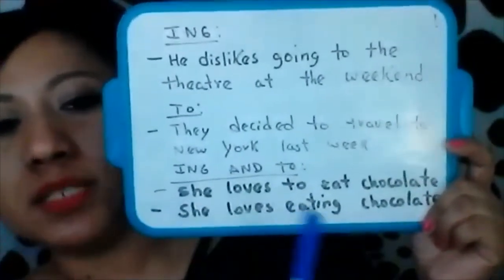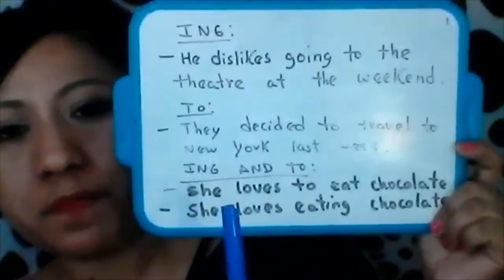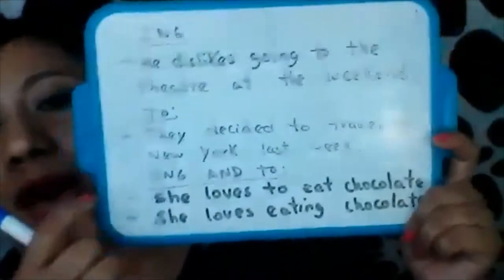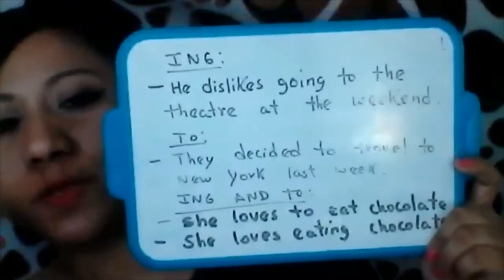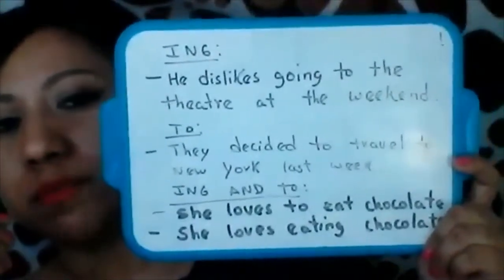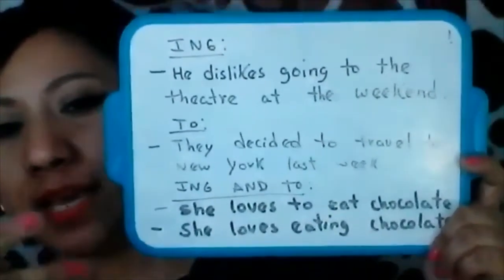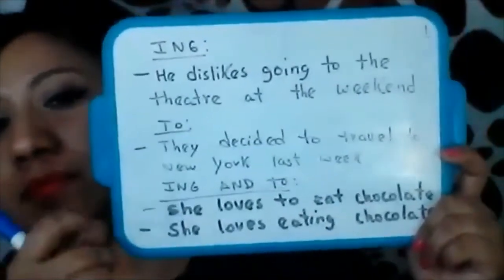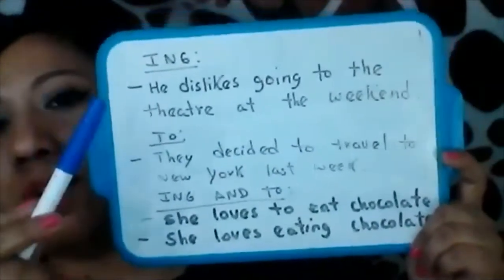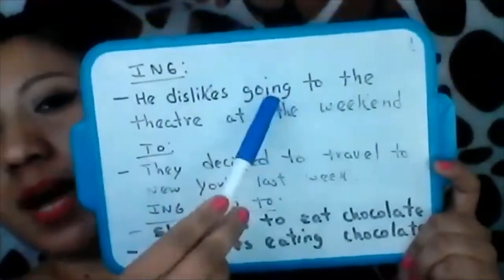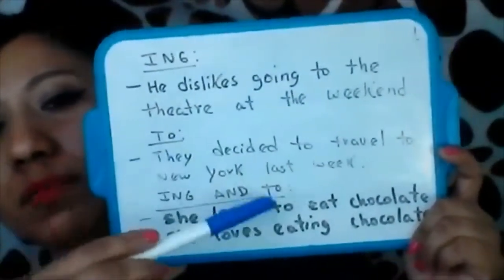She loves eating pizza, for example, okay? So what do you have to do? It's just only memorize. My recommendation is memorize the three columns, okay? And then when you have the exam, you can recognize when can you use, in this case, ing, to, or both, okay?